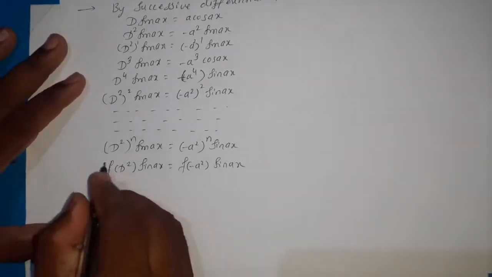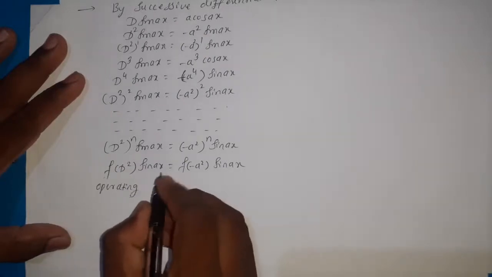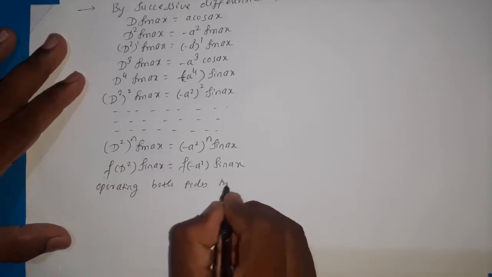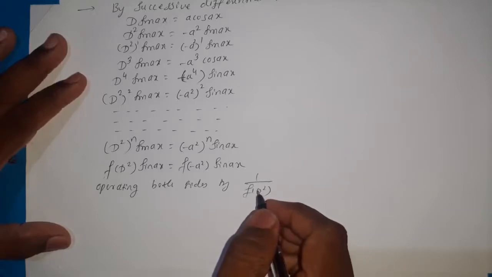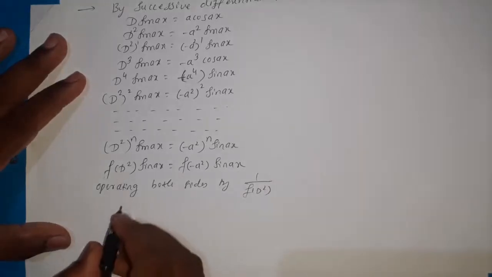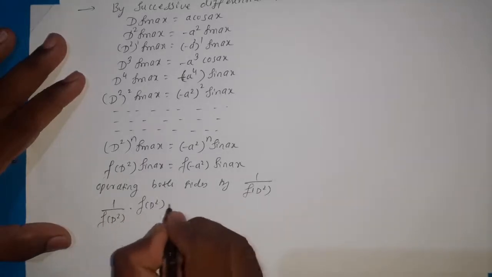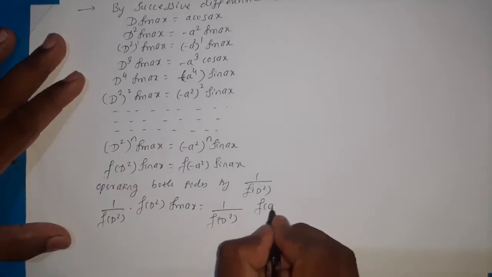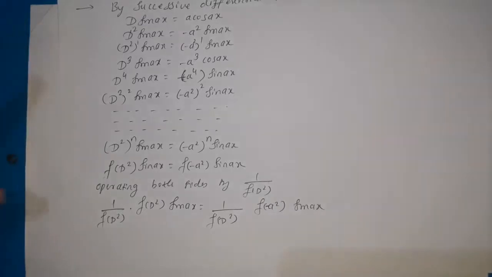Now operating both sides by 1 by f of D square, this equation becomes 1 by f of D square into f of D square sin ax equals 1 by f of D square into f of minus a square sin ax.